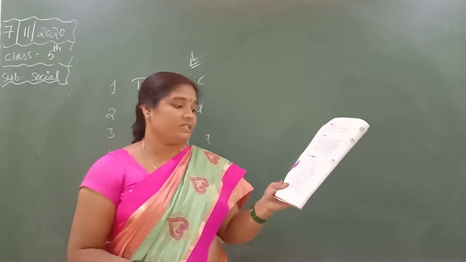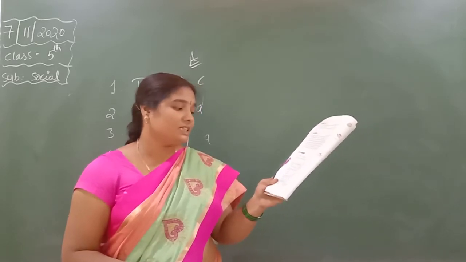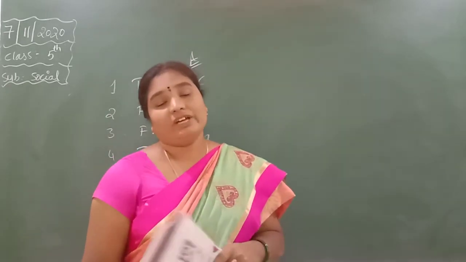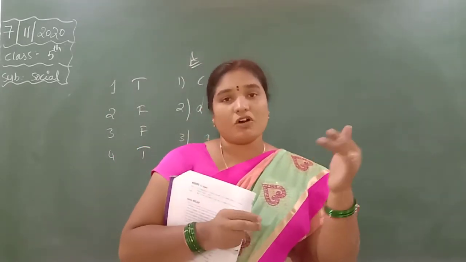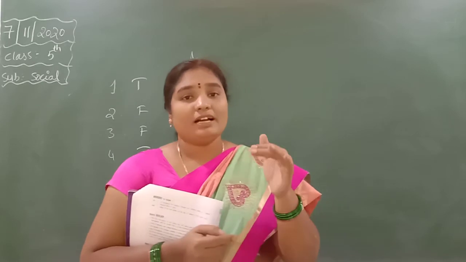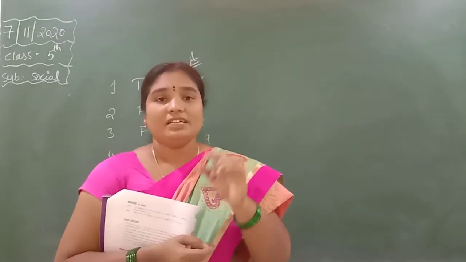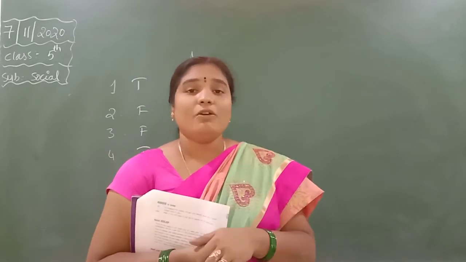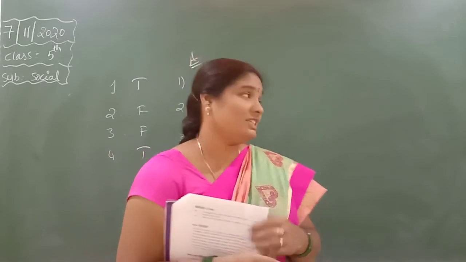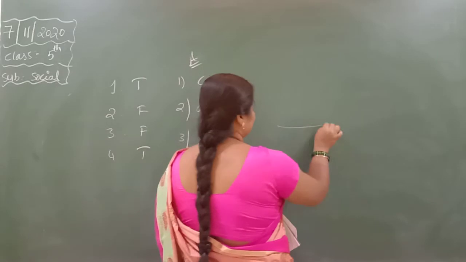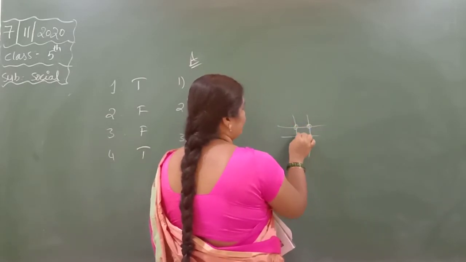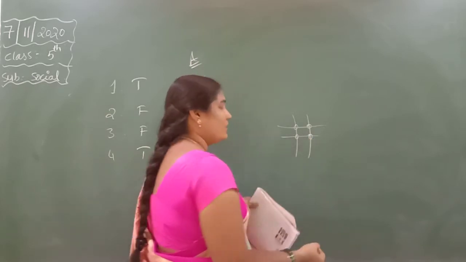To locate a place on a globe, we must know its latitude and longitude both. When the latitudes and longitudes cross each other, the crossing point is used to indicate the location of the place. The crossing of the parallels and the longitudes can locate the place.